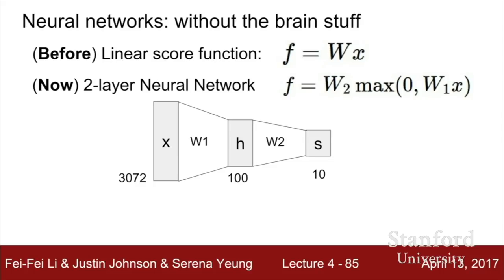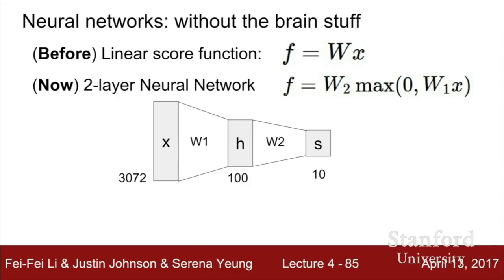It's really important to have these nonlinearities in place, which we'll talk about more later, because otherwise, if you just stack linear layers on top of each other, they're just going to collapse to a single linear function. So we have our first linear layer, then this nonlinearity, and then on top of this, we'll add another linear layer. And then from here, finally, we can get our score function, or our output vector of scores.